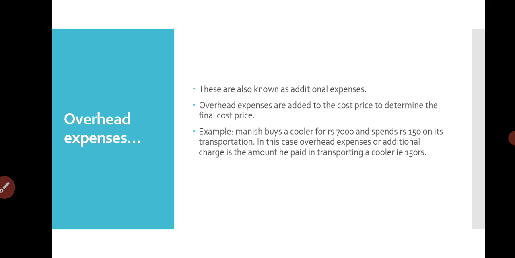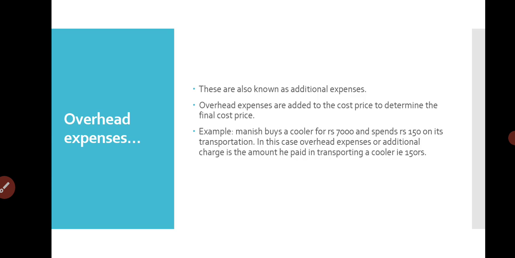For example, Manish buys a cooler for rupees 7,000. So the amount he paid for buying the cooler is 7,000. That was his CP. And he spends rupees 150 on its transportation. That means on transporting the cooler from the shop to his home, he spent rupees 150, which is an additional amount.